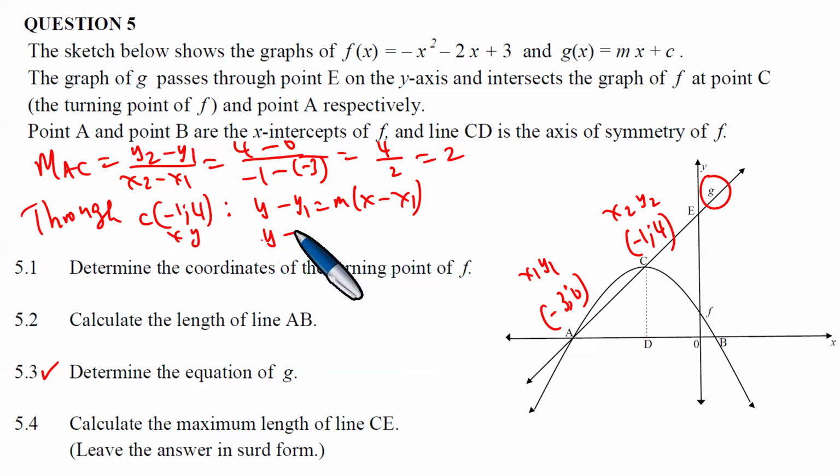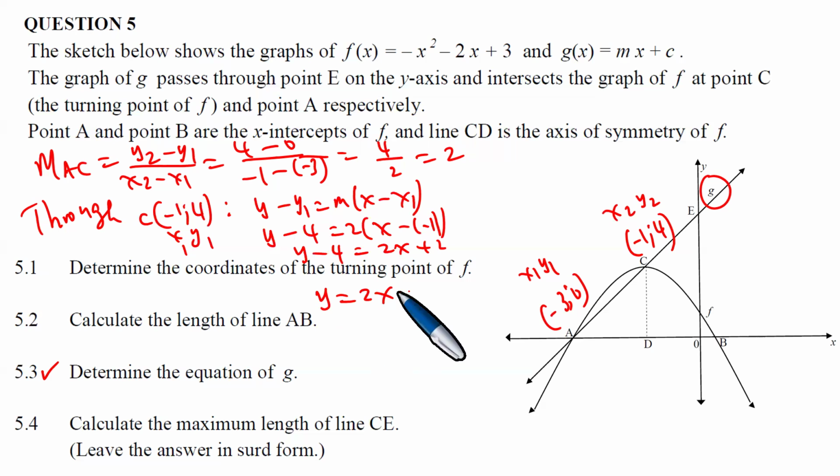This is x1, y1, which is -1, 4, and 2 into x minus x1. So y minus 4 equals 2x plus 2, which means y is 2x plus 6.